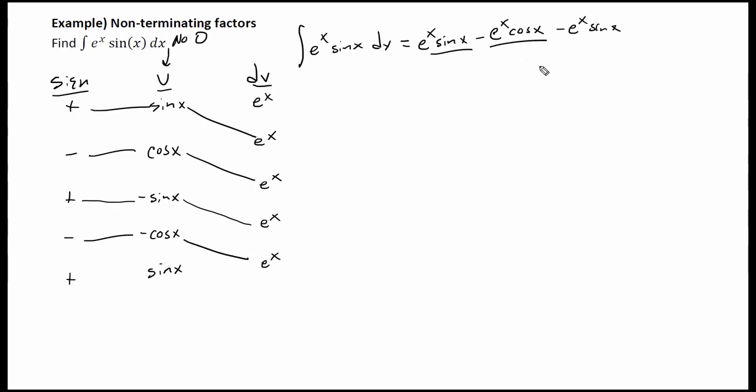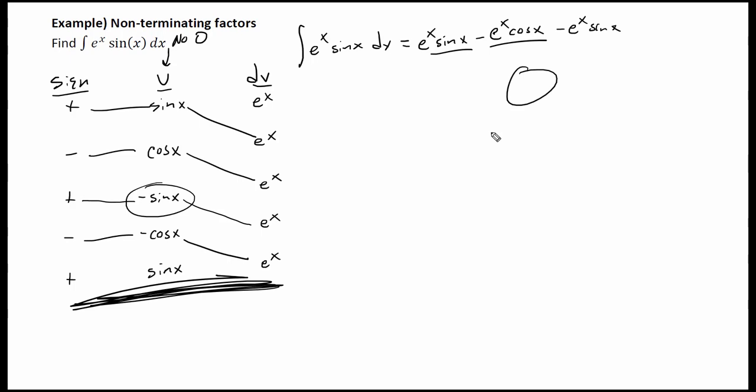Basically, it's becoming cyclic faster than this iteration down here, because stuff is canceling out. If you just kept on going over and diagonal all the way down, you would just get 0 on this side, and you would say, well, the integral of e to the x sine x is 0, because everything's canceling out.